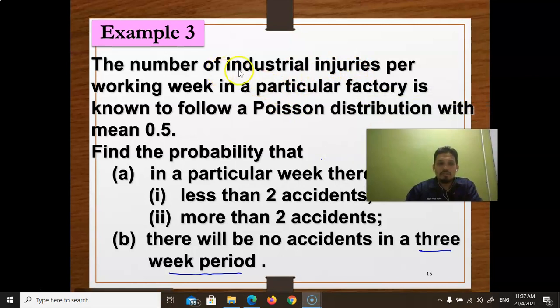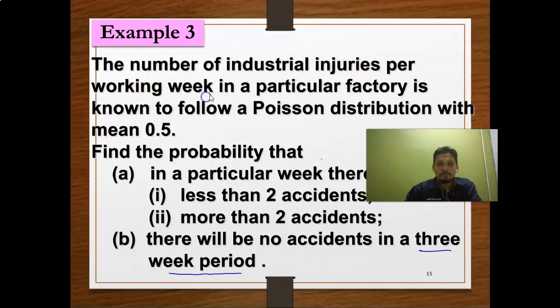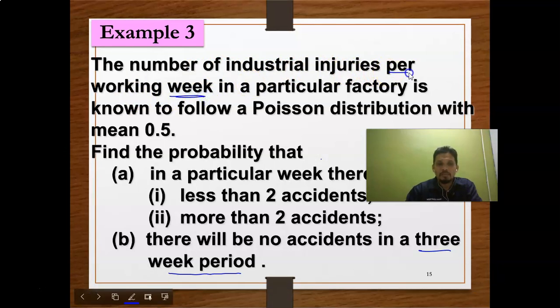From the question, the number of industrial injuries per working week in a particular factory follows a Poisson distribution with a mean of 0.5.